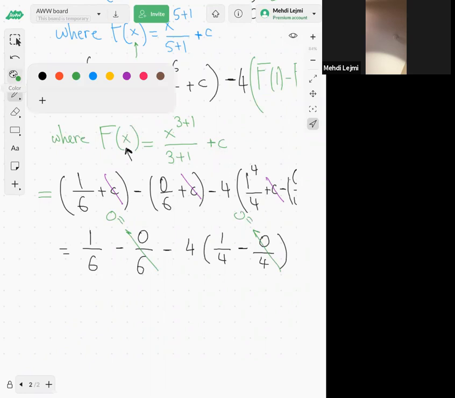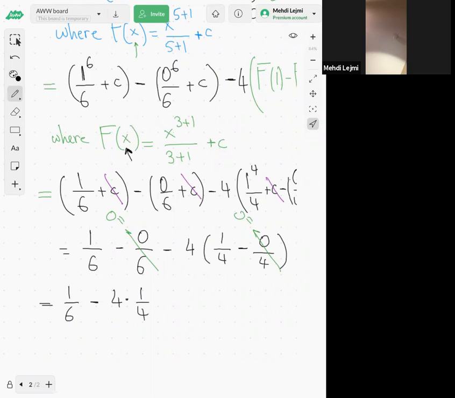So we have 1 over 6 minus 4 times 1/4. The 4 over 4 cancels out, so it's 1 over 6 minus 1.